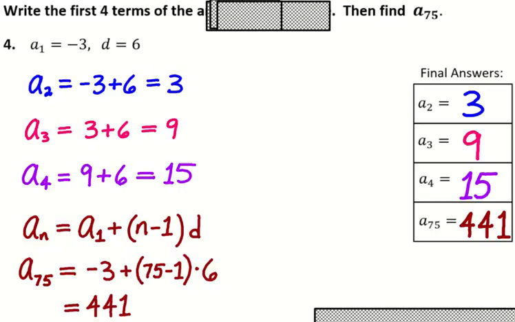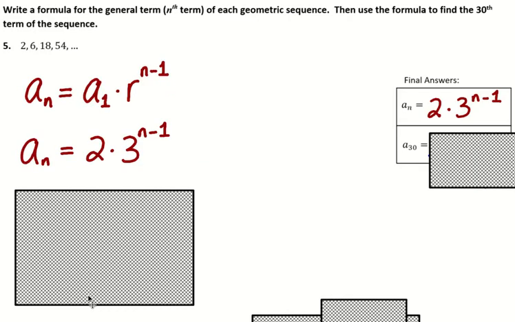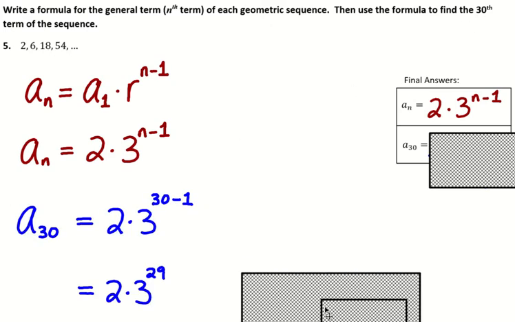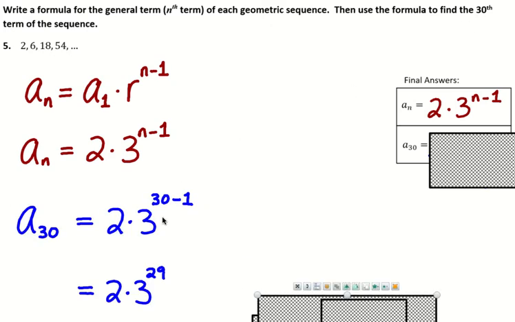If on the test it happens to be an arithmetic situation, so this formula, let's say it's arithmetic, you're going to plug in for a sub 1, you're going to plug in for d, but you're not going to plug in for n. So plug in for everything except n. And then when it comes time to find the 30th term, now you can plug in 30 for n.